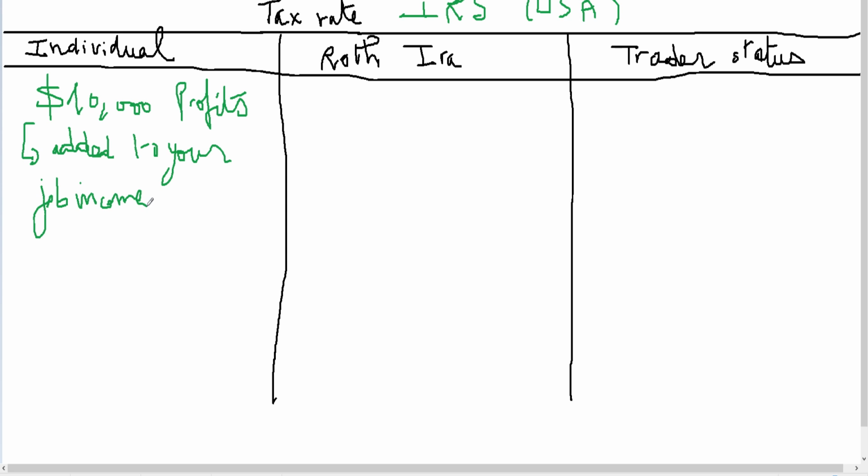So let's say your income is $40,000. Just an example. This is your job. You make $40,000 or $20,000 or $100,000 or $1 million, whatever the money is. It doesn't matter. Now the $40,000 that you made plus the $10,000 that you made equals $50,000 that you should be taxed on.